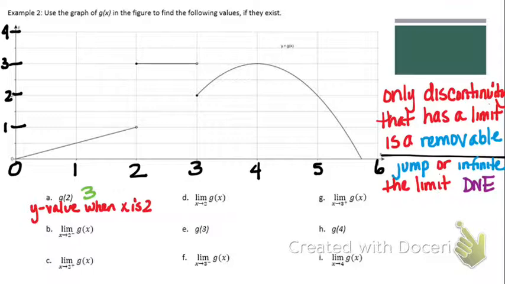Now, part A was not asking for a limit. That helps you with these limits, because if you're looking at a graph and you see a jump or an infinite at a certain x value, then you automatically know the answer is DNE. It's only a removable that would actually have a limit.